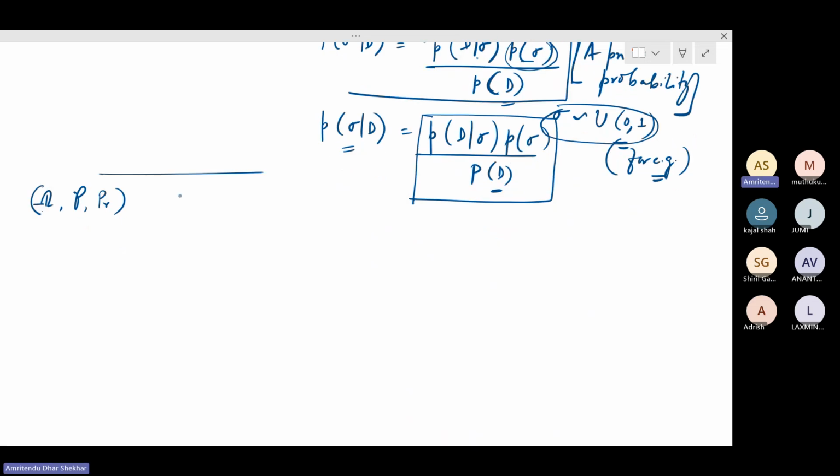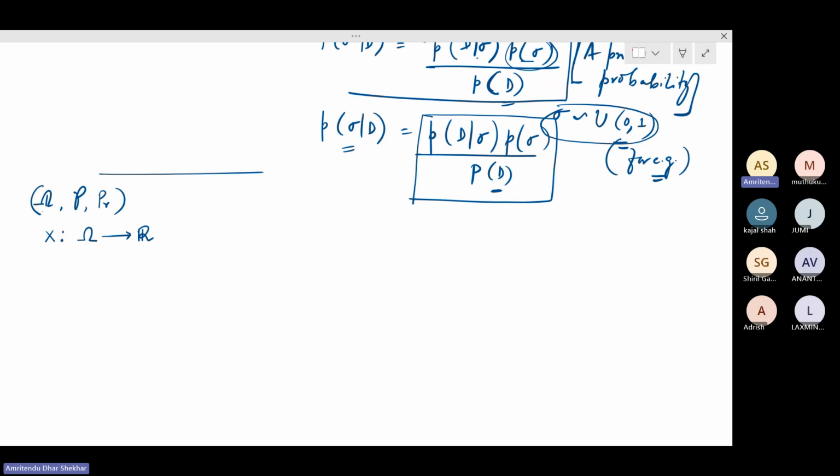So often we denote random variables by letters like x, y, z, and so on. A random variable is actually a function X from this space to the real line. But it's not just any function.